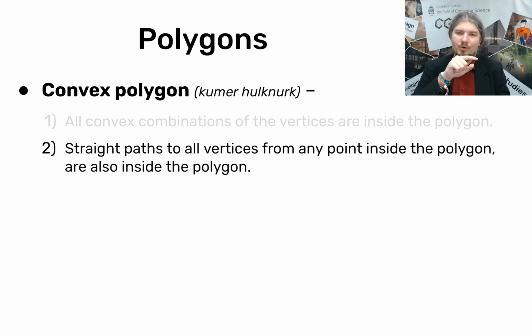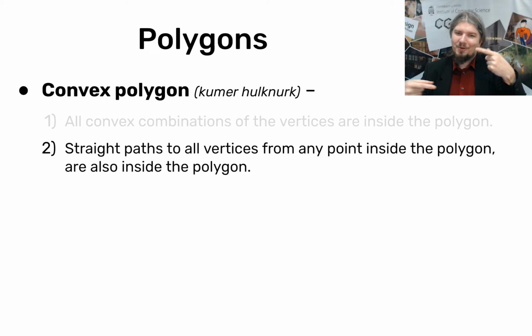Straight paths to all vertices from any point inside the polygon are also inside the polygon. So if you have a shape with some vertices, and you can find a point inside that polygon where, if you draw a line from that point to some vertex, this line is partially outside of the polygon, then it's not a convex polygon.